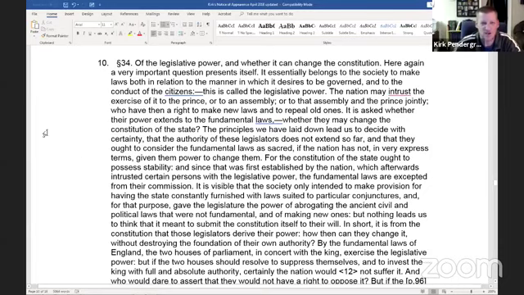The nation may entrust the exercise of it to the prince or to an assembly. So the way we look at this today, because this was written just prior to our creation of our nation, this is what our founders went off of, the Law of Nations written by Emer de Vattel.